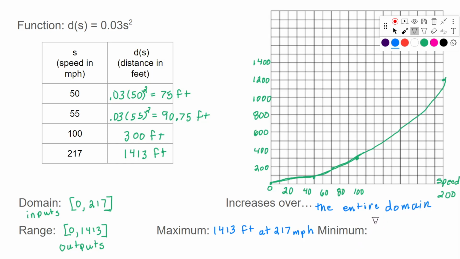Our minimum is 0 feet at 0 miles per hour. So these are some of the features that we can describe in the context of our car.